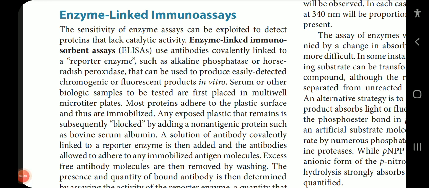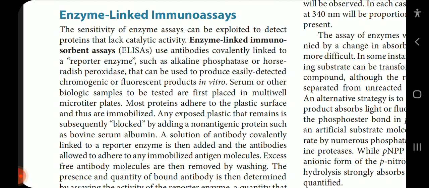Enzyme-linked immunosorbent assays. The sensitivity of enzyme assays can be exploited to detect proteins that lack catalytic activity. Enzyme-linked immunosorbent assays (ELISAs) use antibody covalently linked to a reporter enzyme such as alkaline phosphatase or horseradish peroxidase that can be used to produce easily detected chromogenic or fluorescent products in vitro. Serum or other biologic samples to be tested are first placed in multiple microtiter plates. Most proteins adhere to the plastic surface and are thus immobilized.